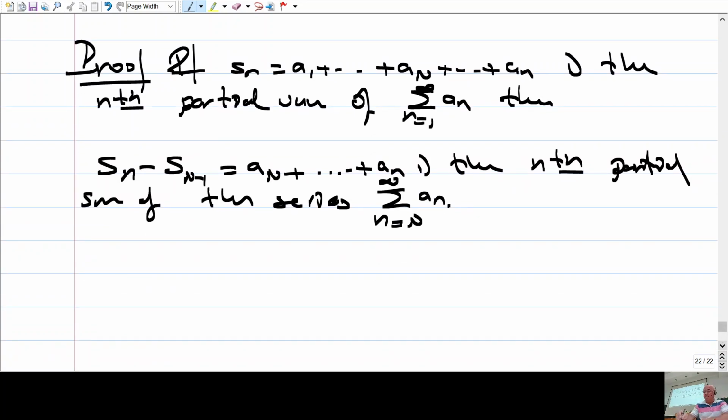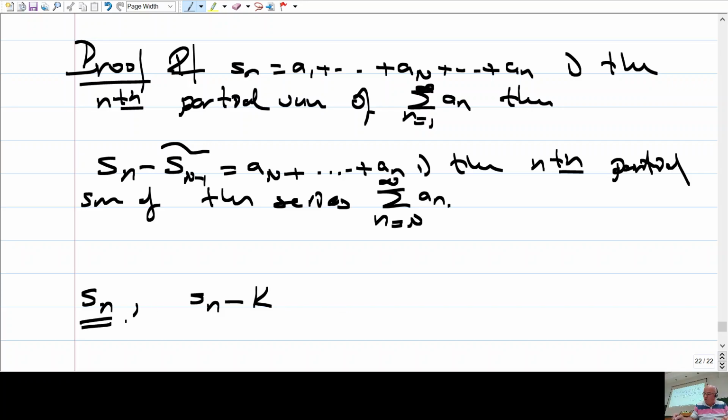So one of them has partial sums Sn, and the other one has partial sums Sn minus S(N-1). This is a fixed number, right? Big N is constant. It is a fixed number. Let's say it is K, okay?